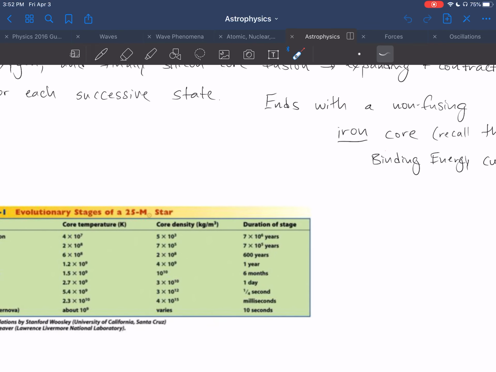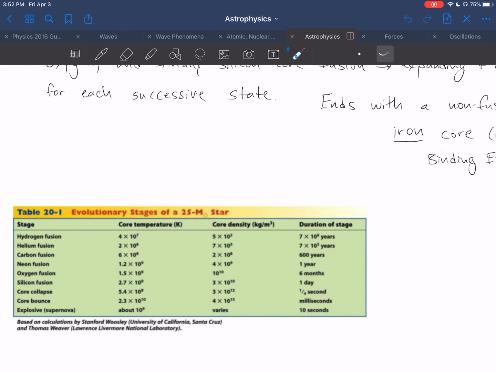One thing to note is that the duration of these stages gets exponentially shorter. So hydrogen fusion, or the main sequence, takes place over roughly 7 times 10 to the 6th years for a 25 solar mass star. Note, it's a very large star. Whereas the carbon, neon, and oxygen fusion stages that we just discussed take less than 1,000 years.